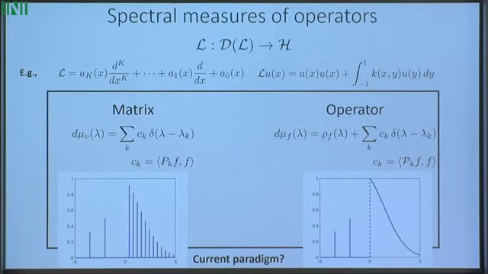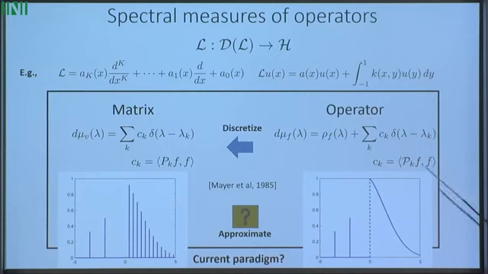OK. So one might wonder, if we discretize the differential operator and compute the spectral measure of the matrix, how are we going to use this discrete measure, the sum of Dirac deltas, to approximate the continuous part of the measure here?